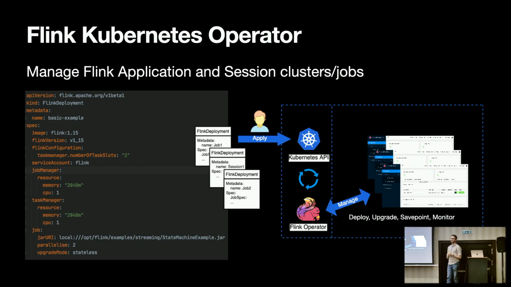We open sourced the Flink Kubernetes Operator about 2 years ago. So we have around 10, 12 stable releases already with a very large number of users. And I think it's safe to say that this is the way of running Flink on Kubernetes today.